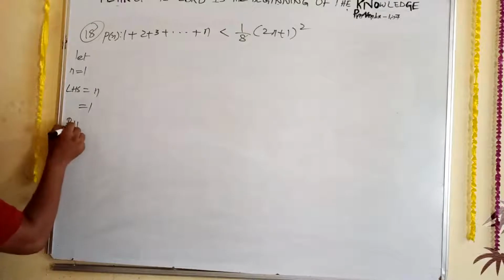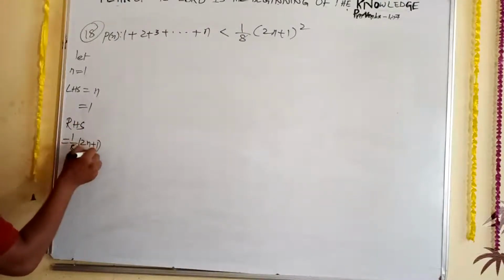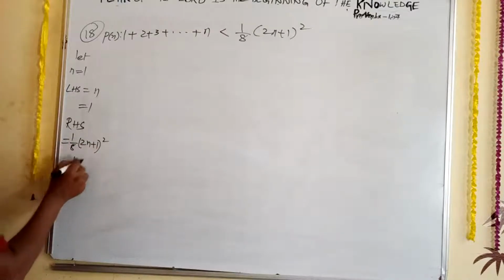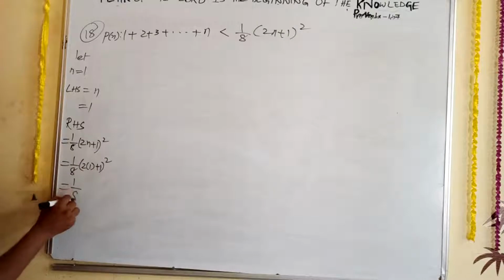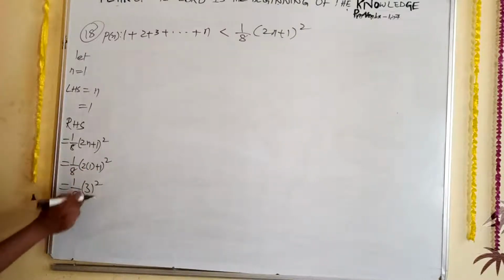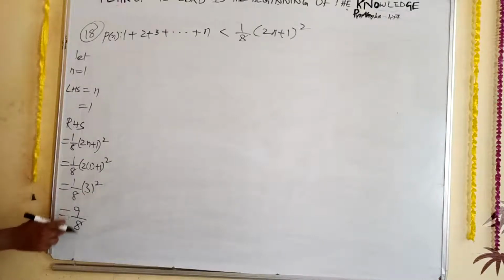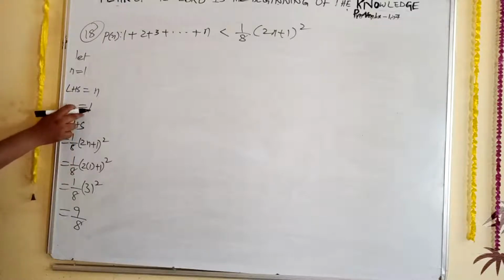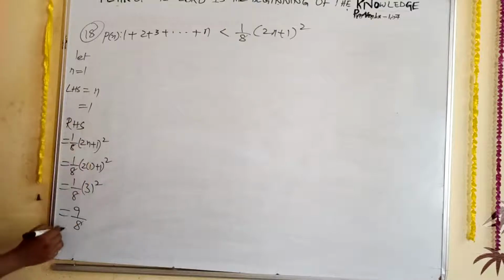Then go for RHS. RHS is equal to 1 upon 8, (2n plus 1) whole square. 1 upon 8, (2 into 1 plus 1) whole square. So 1 upon 8, (2 plus 1) is 3, whole square. 3 square is nothing but 9, 9 upon 8. So now here 9 upon 8 is greater than your LHS. In other words, we can say that LHS is less than RHS.